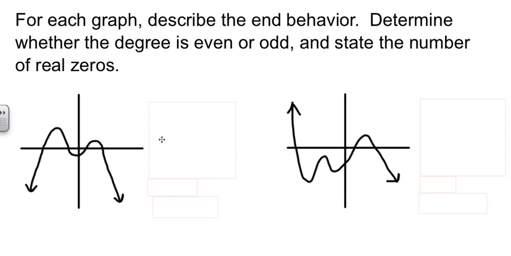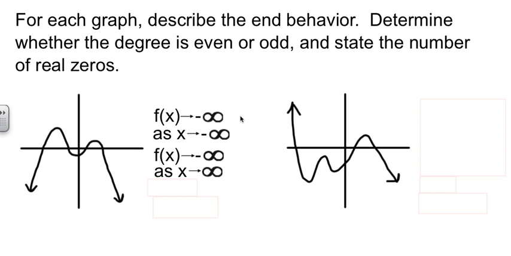When they talk about end behavior, what's going on as we get way out here, and what's going on as we get way out here, way in the negatives, way in the positives. As x gets further and further toward negative, the function is going down. The way we write this is with the infinity sign. The function f of x goes toward negative infinity, because it's going downhill forever, as x goes toward negative infinity, off to the left.